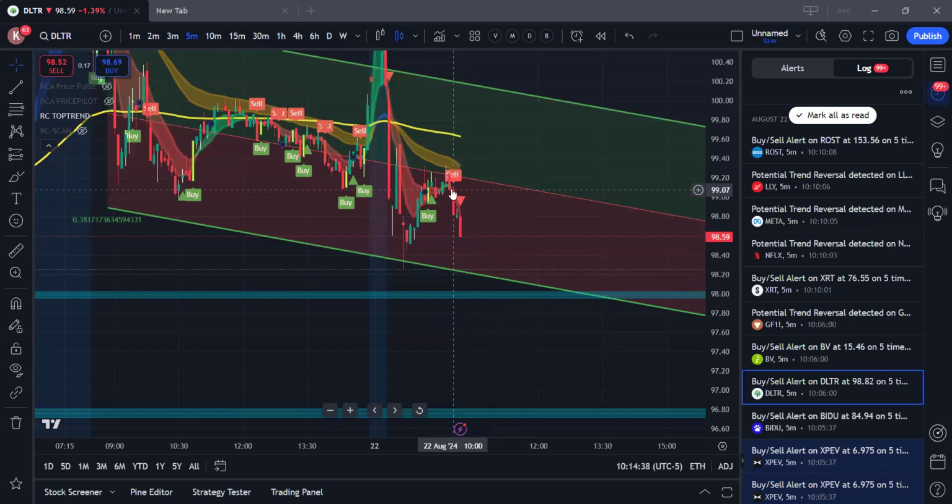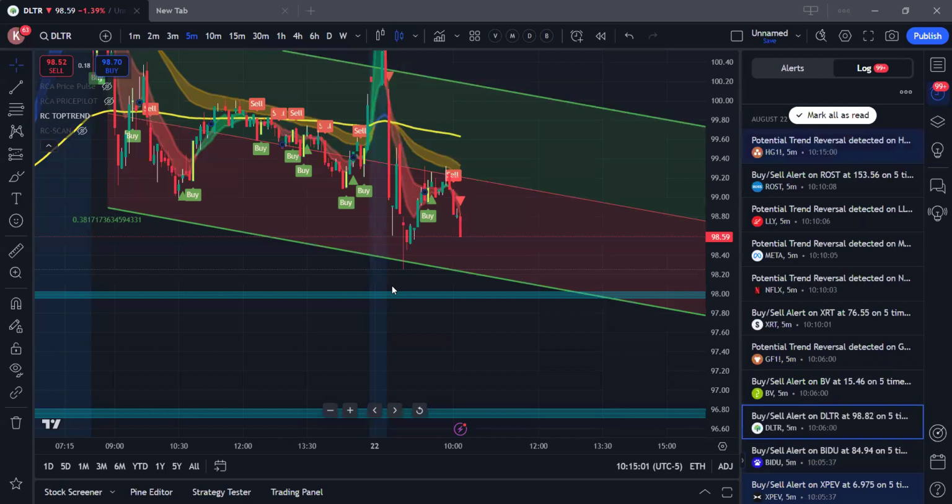So either we can buy the puts, we can buy the puts for Dollar Tree. Dollar Tree 100 puts around 1.75, 1.7.